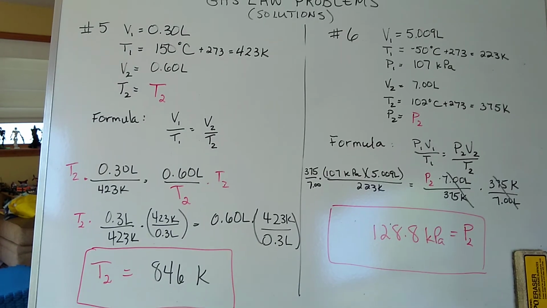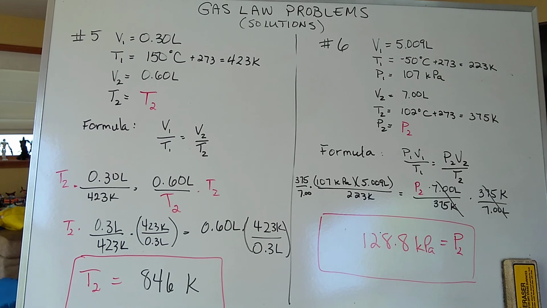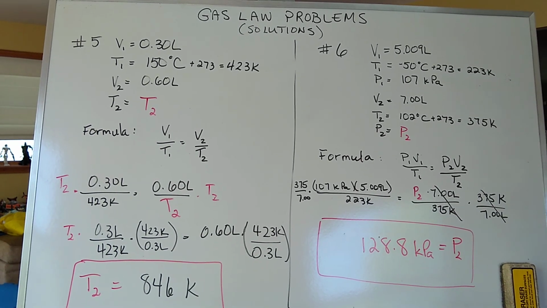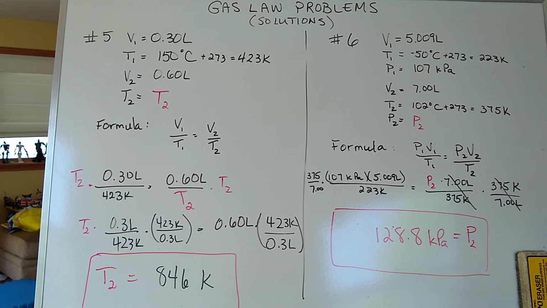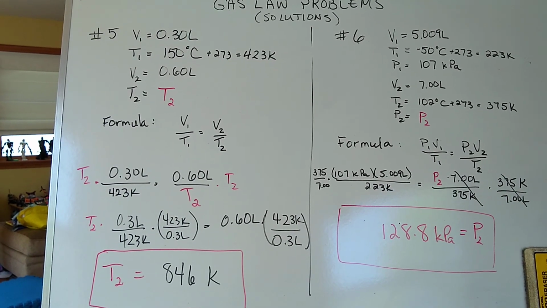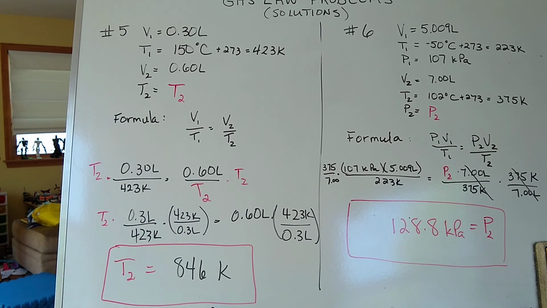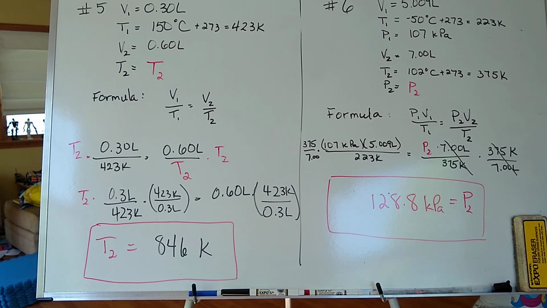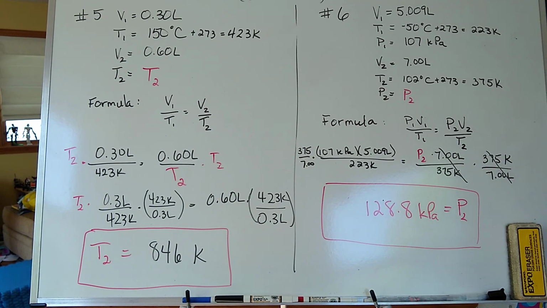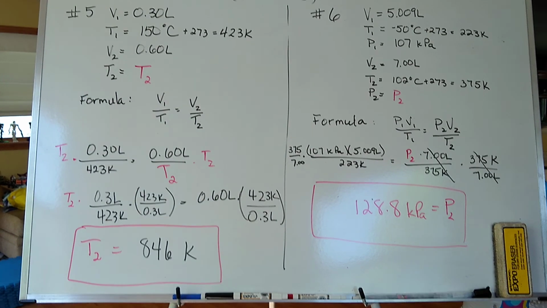The next problem, number 5, says a 5.009 liter air sample at a temperature of negative 50 degrees Celsius. Sorry, reading number 6. Number 5, a gas with a volume of 0.3 liters at a temperature of 150 degrees Celsius is heated until the volume is 0.6 liters.